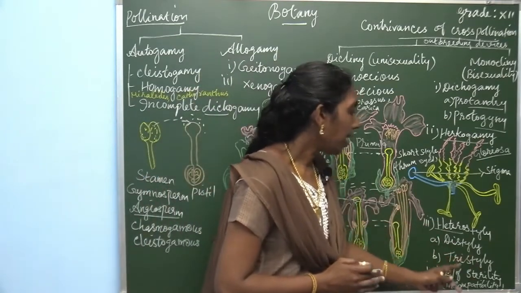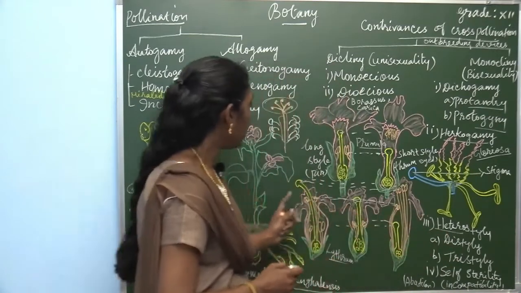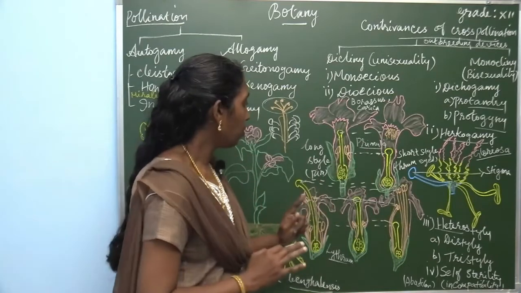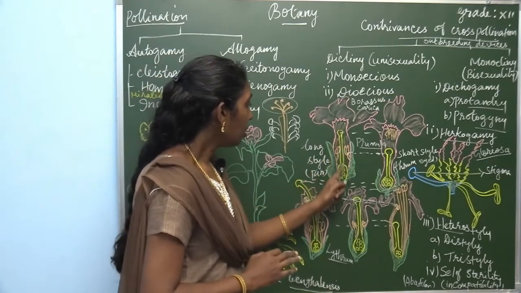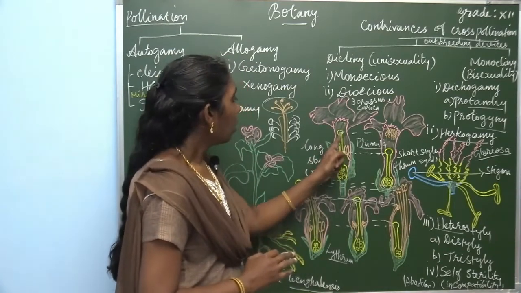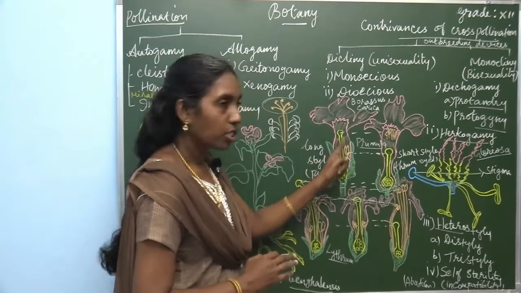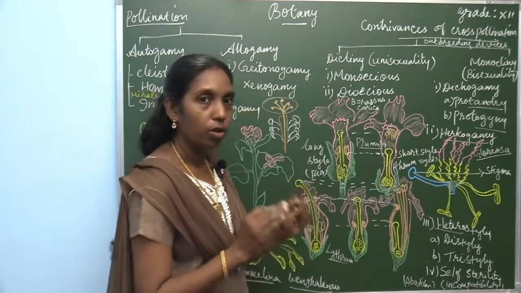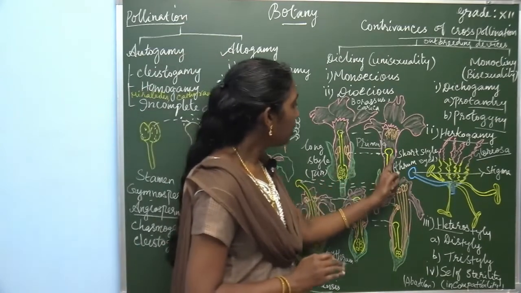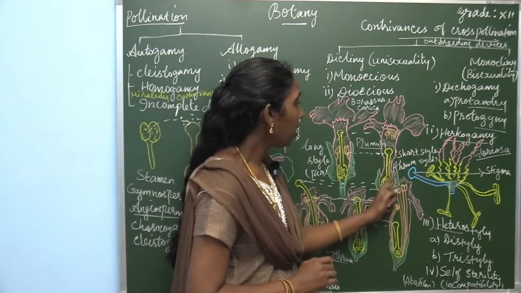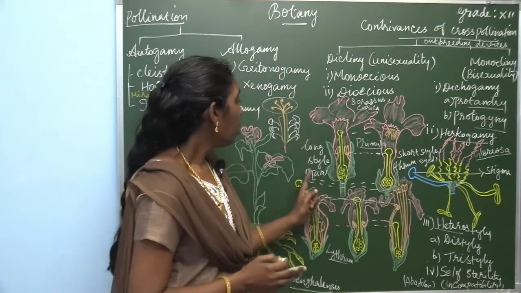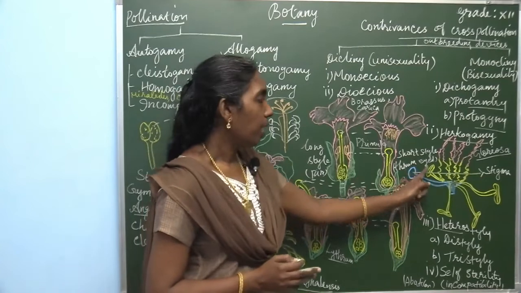Look at this diagram, distyly. Here two diagrams are there, two flowers. This is the pistil with a long style, known as pin, and here the style is short, that is thumb-eyed. So, two different types of flower, pin and thumb-eyed.